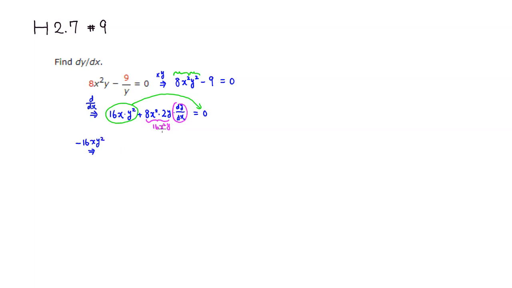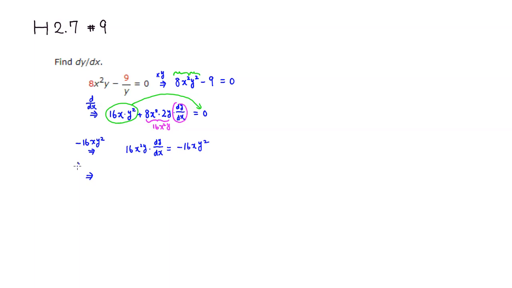So we have 16x squared y times dy over dx is equal to negative 16xy squared.